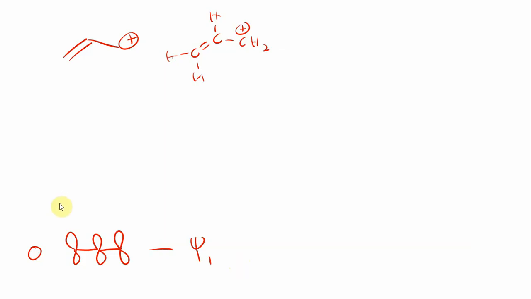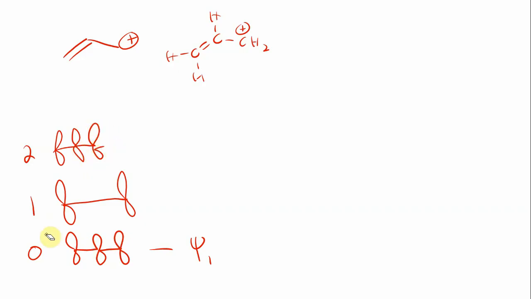Okay? Now here's the problem with the second one. How many nodes should we have? As they go up in energy, they increase by how many nodes at a time? 1. So you should have 1 node and then 2 nodes. Now here's the problem. With the allylic system, this should have 1 node.